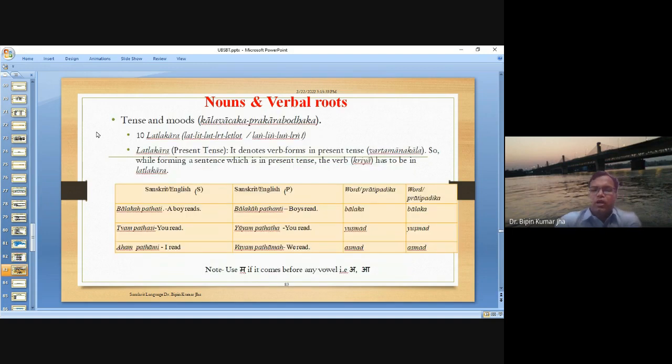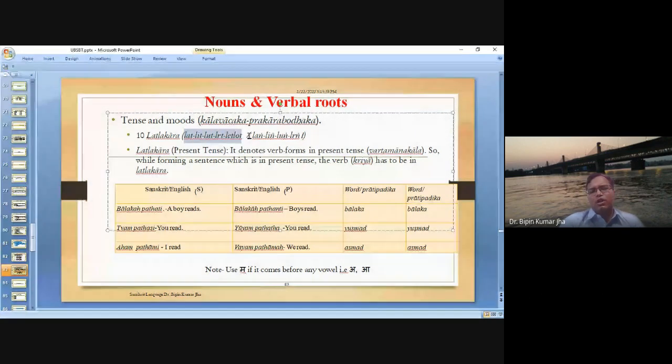But right now, tense and moods: I have already mentioned there are 10 types of lakar, and it is very easy to memorize, because 6 are ending with t and 4 are ending with ng, as per the sequence of the alphabet which we have learnt in the earlier stage.